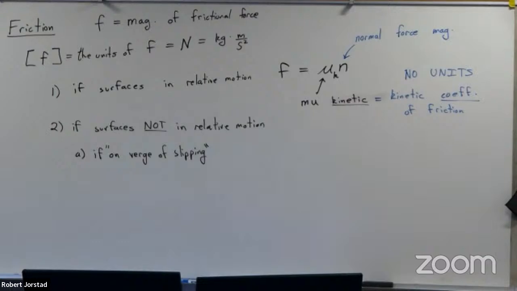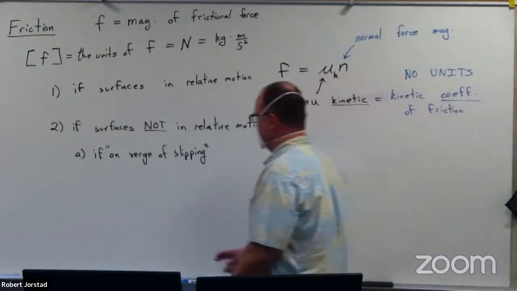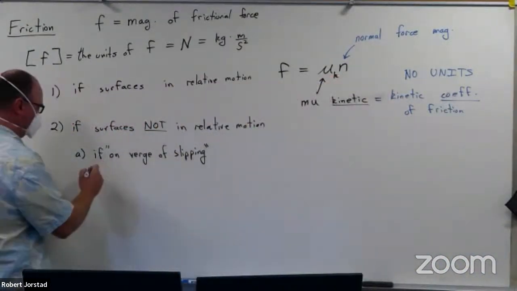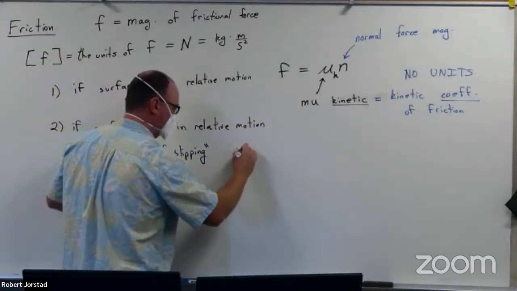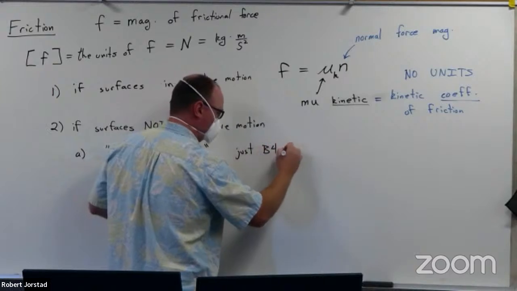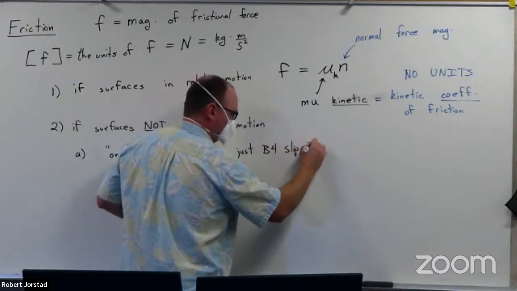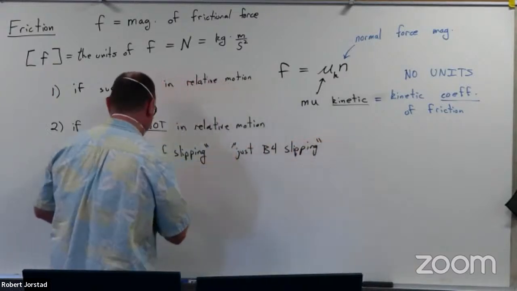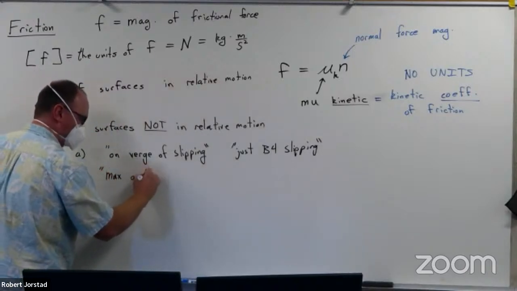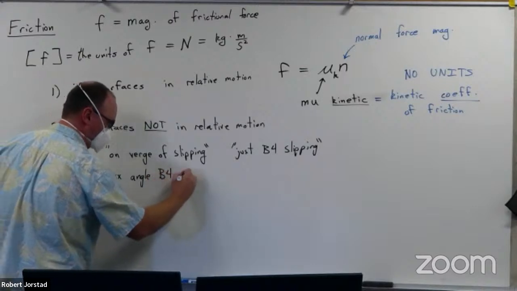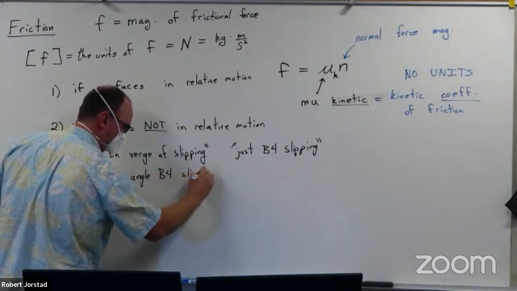So a lot of problems will talk about this moment just before slipping. So sometimes you'll see or just before slipping. Different words. Sometimes you'll see words like max angle before slipping, like what I was just doing a second ago.